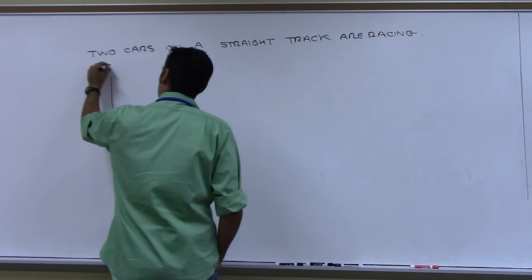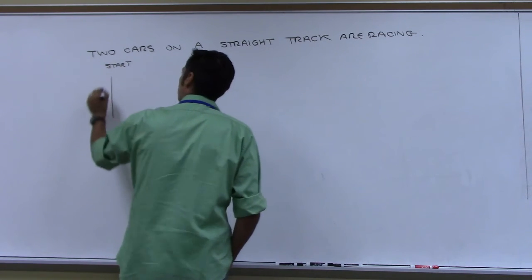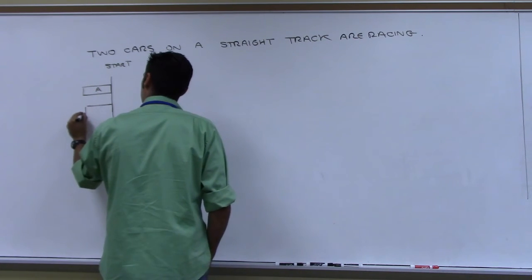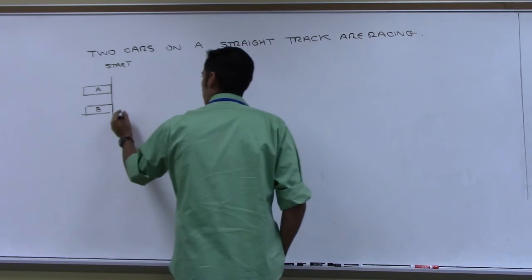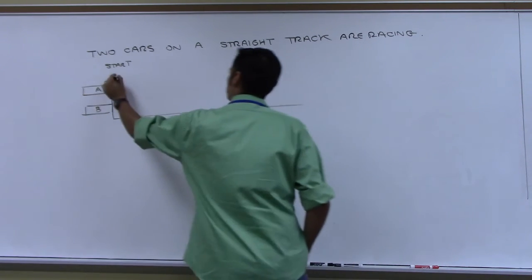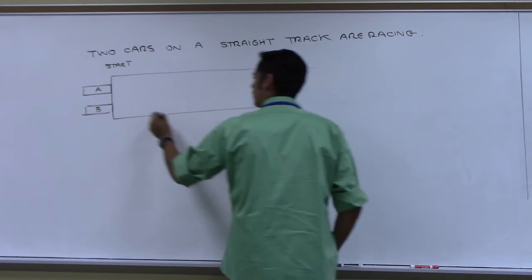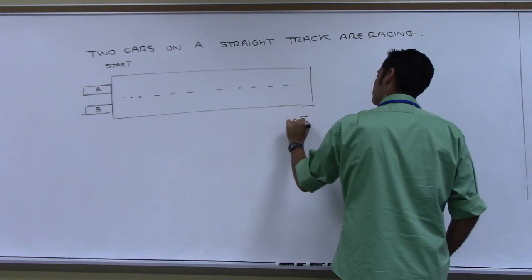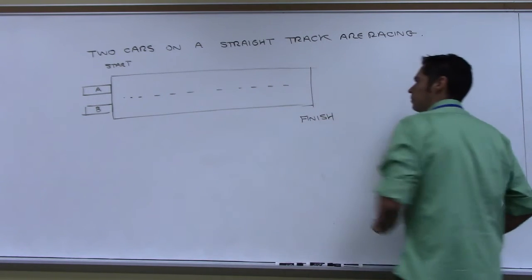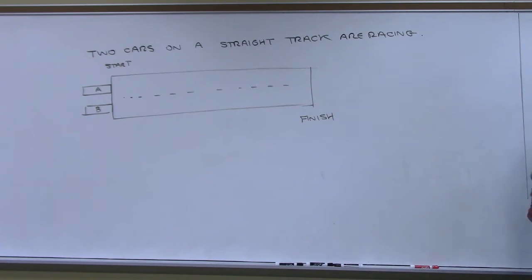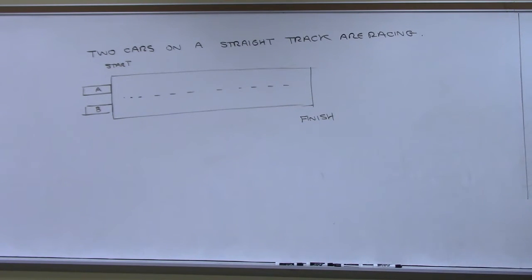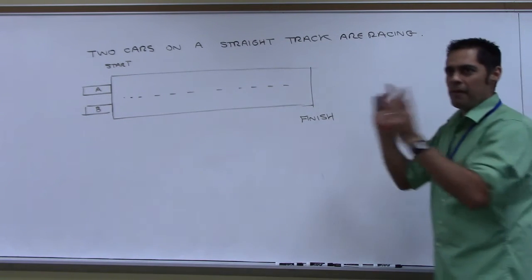Here's the start line. Car A, car B. They race down the track. There's the lane separating the two. They have the finish line here. Wave the flag, they go, right?